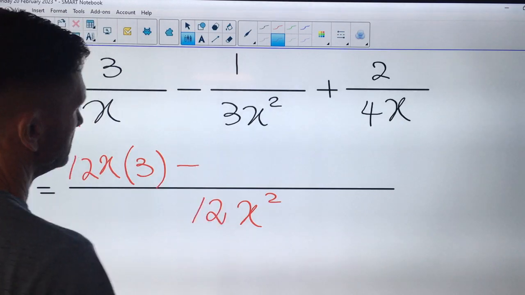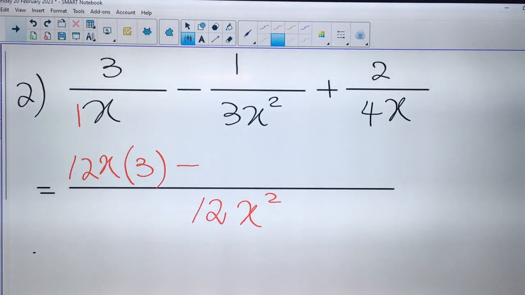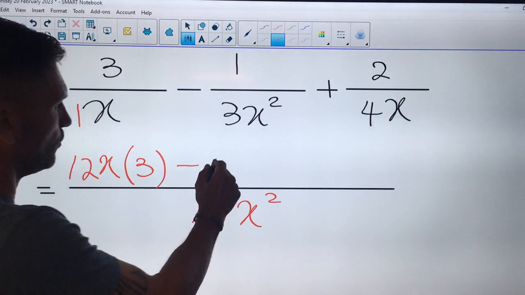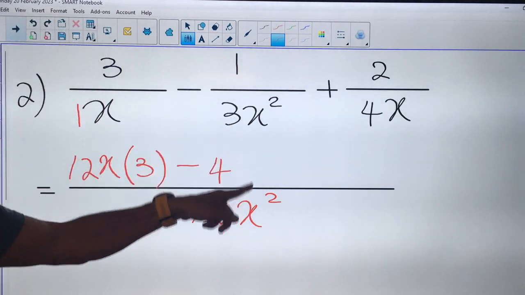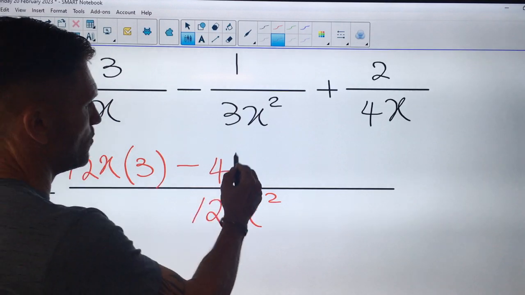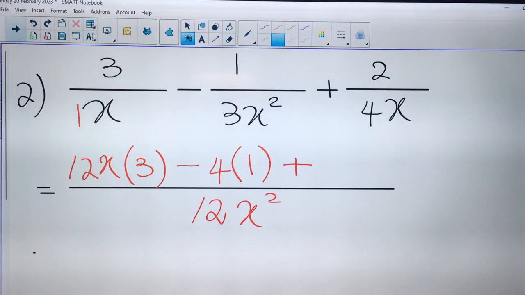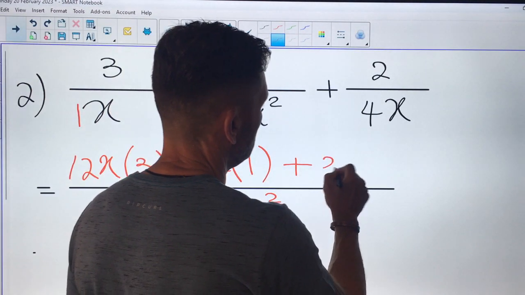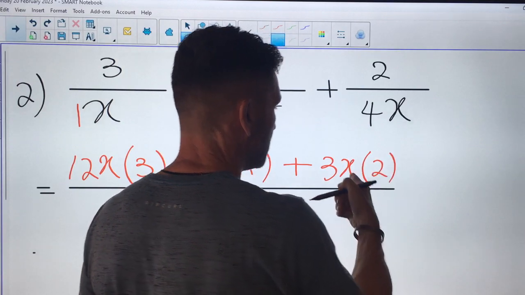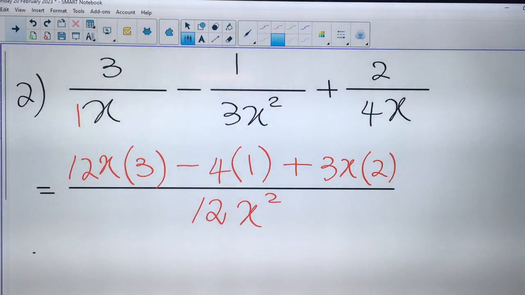And now we're with minus. 3 times what will give me 12? 3 times 4. X squared is already x squared, so there's no more x's to be multiplied, so it stays like that. And the one on the side there? 3. So this will be 3. X. Why is there another x there all of a sudden now?